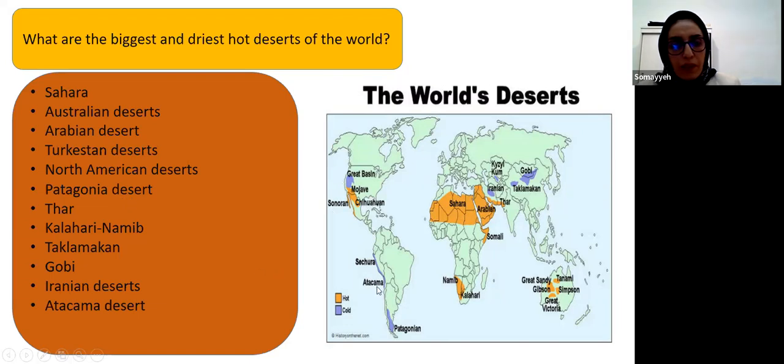The Patagonian Desert in South America, the Thar Desert in India and Pakistan, the Kalahari and Namib Deserts in Africa, Taklamakan in China, the Gobi Desert in Mongolia, and we have the Iranian deserts, two important ones being Dasht Kavir and Dasht Lut or Lut Desert. And the last one, the Atacama Desert.